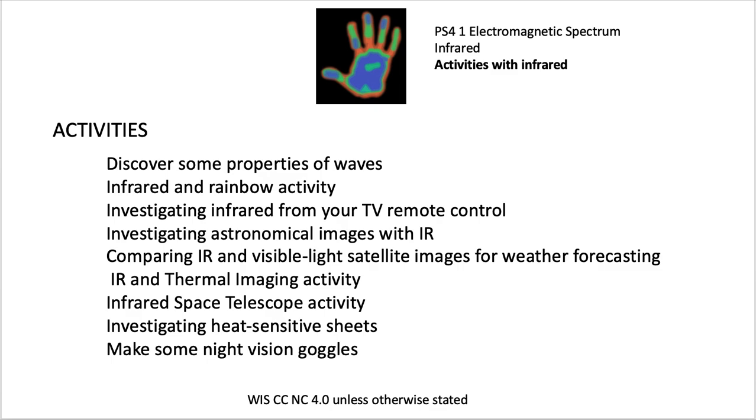The last two involve buying a heat-sensitive sheet or some theatrical gel for the night vision goggles, whereas you can go to the site and actually look at them working as opposed to having to spend money.